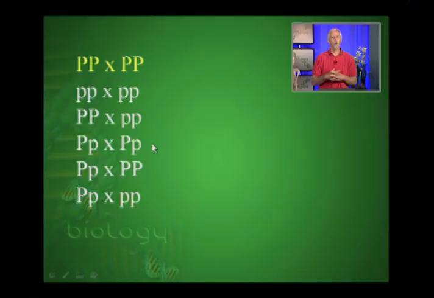So, again, as we look at the possible crosses then, basically all genetic problems are going to come down to these 6 basic crosses. And so ideally you memorize the genotypic ratios and the phenotypic ratios, but if you should forget them, you can always set up a simple Punnett square and figure them out. So it's very important that you put pencil to paper with these and figure these out.